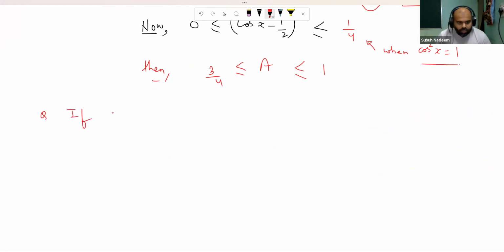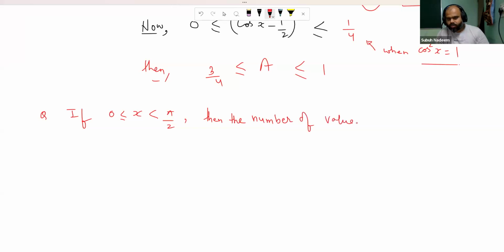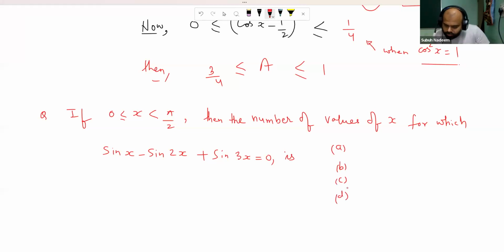If 0 is less than or equal to x is less than pi by 2, then the number of values of x for which sine x minus sine 2x plus sine 3x equal to 0 is, option 2, 3, 1, 4.